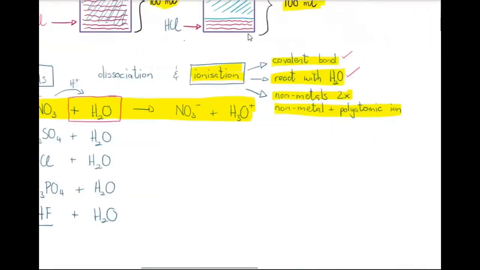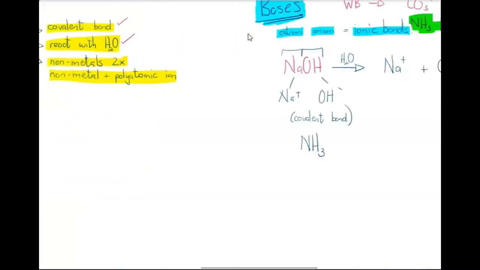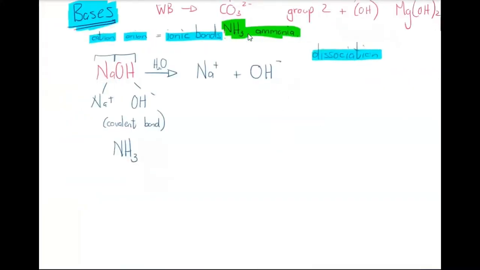We know the process of ionization, and forget about the word acids. We just know that all acids will ionize. But ionization is the process where a covalent bond reacts with water, and there's a transfer of a hydrogen or a proton. So let's look at this example.